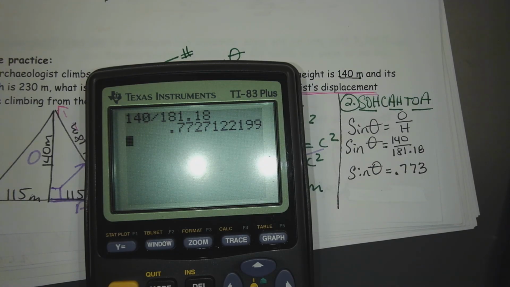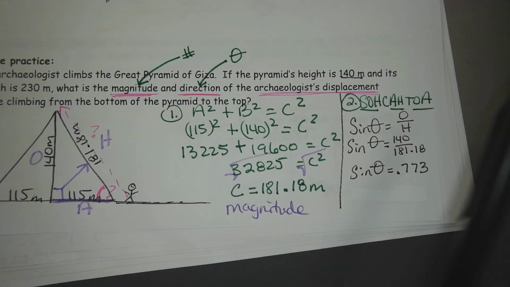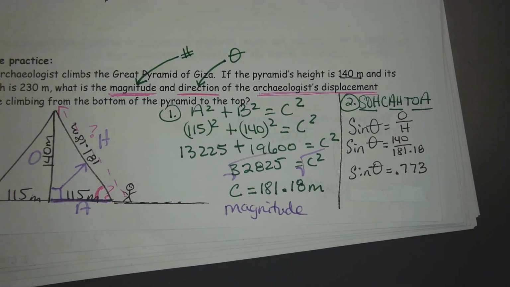Half of 90 is 45, half of 45 is 22 point something, and less than that is half of that, and then half of that. 0.77 degrees wouldn't even be, can you imagine? Is there any way mathematically this could be 0.77 and he walks up to the top of a pyramid?